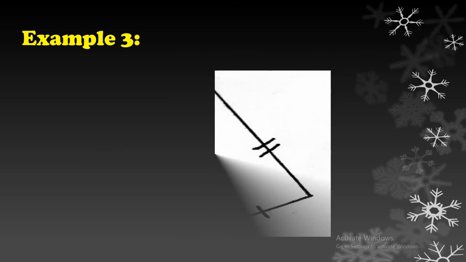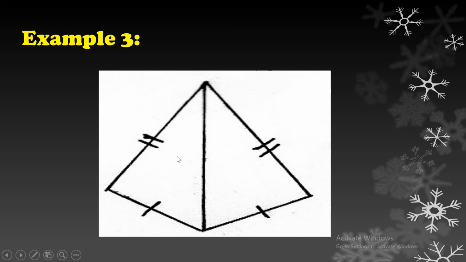How about in this example? There are two triangles here connected by one common side. Can we prove that these two triangles are congruent? Yes, you're right. We already have here two marked congruent sides.